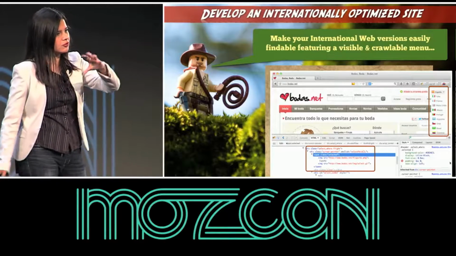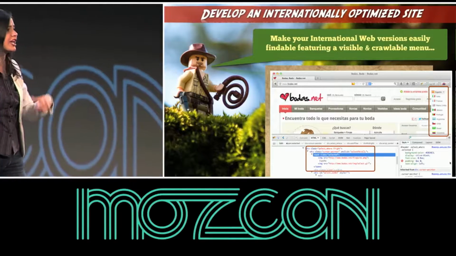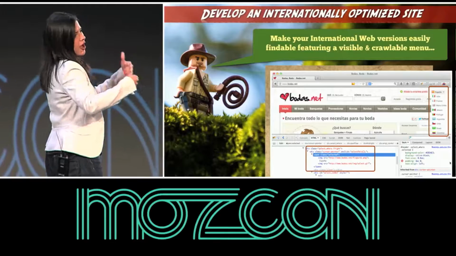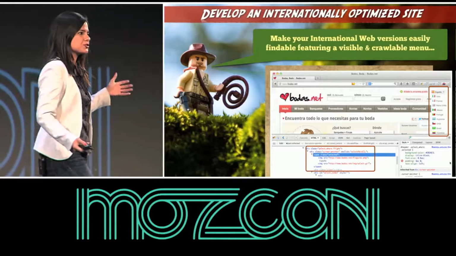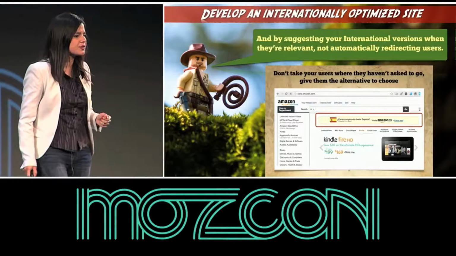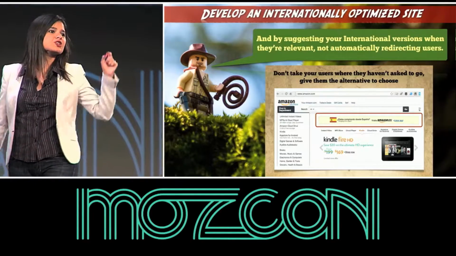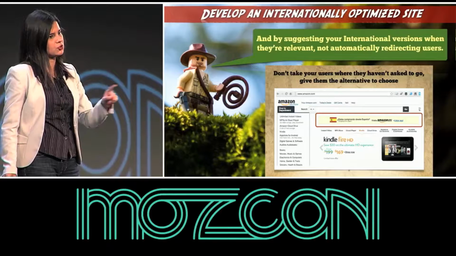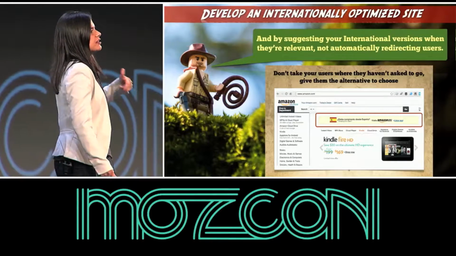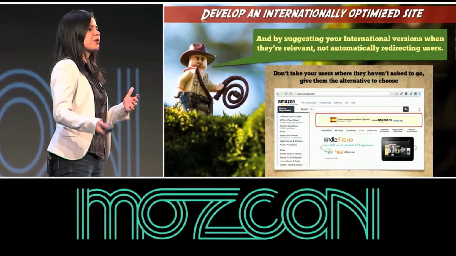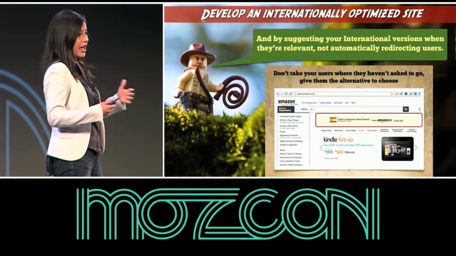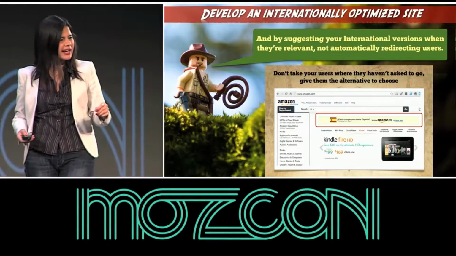So the search engines can also identify that you have established all the web structures to target these other countries. Something also very important, don't push your users. Don't take your users where they haven't asked to go. A lot of sites automatically redirect me to the Spanish-speaking version, the targeting to Spain, but it's not good.